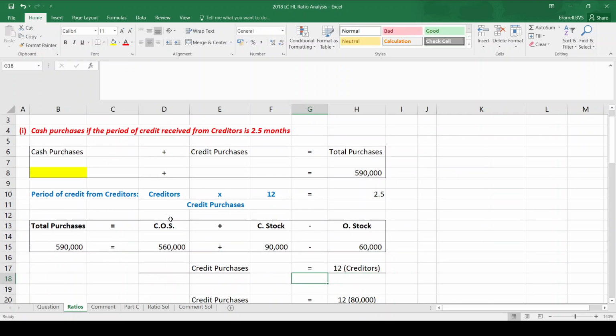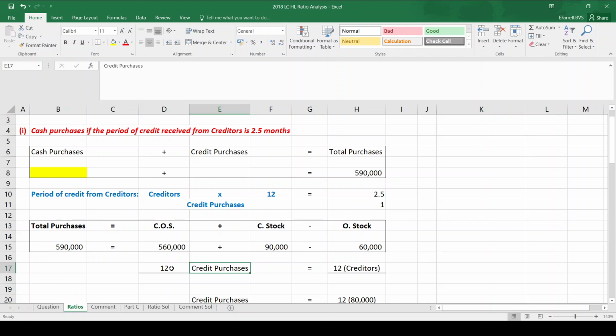So here you cross multiply: the top row multiplies by the bottom row, and similarly the other way. So 12 times creditors by 1 is just 12 times creditors, and that's equal to 2.5 times credit purchases.